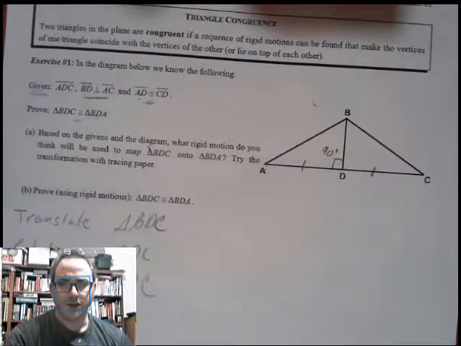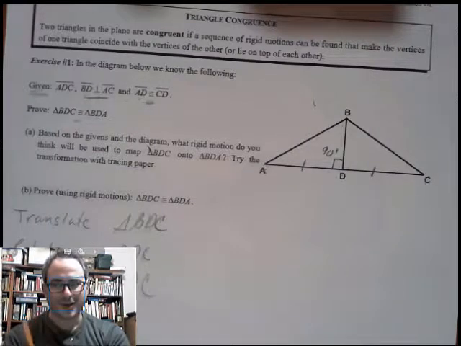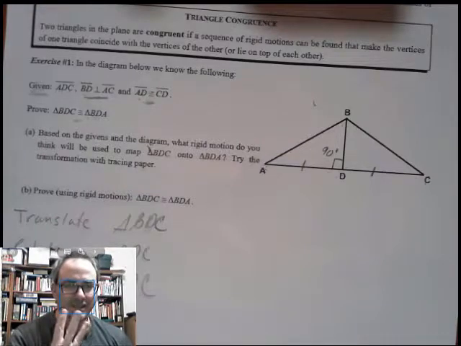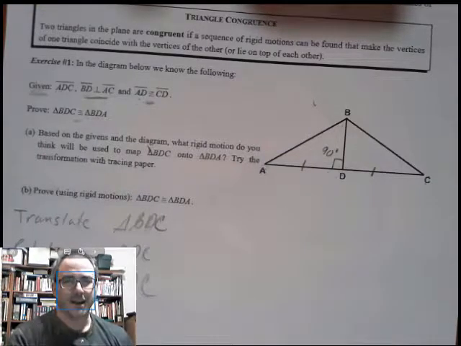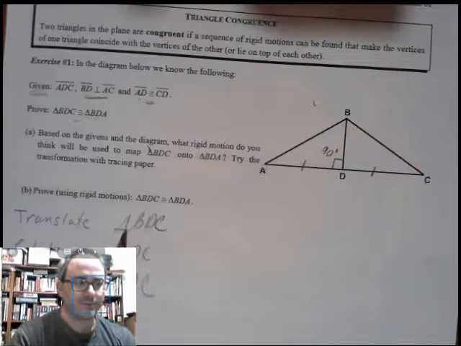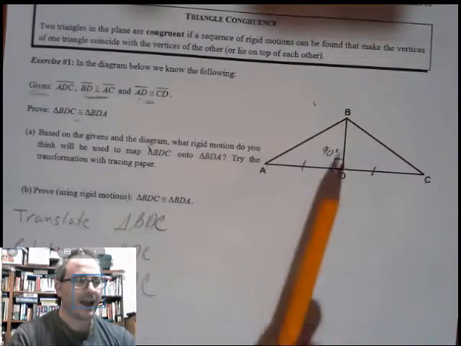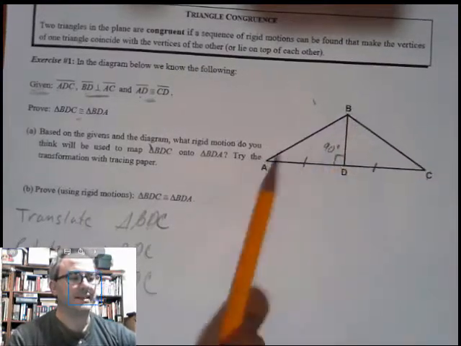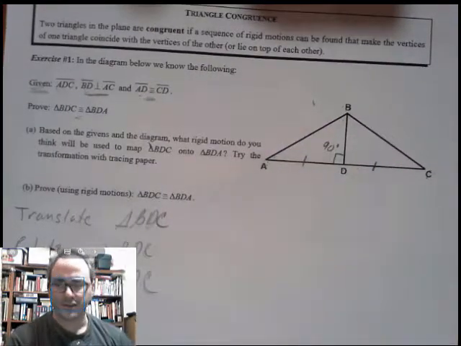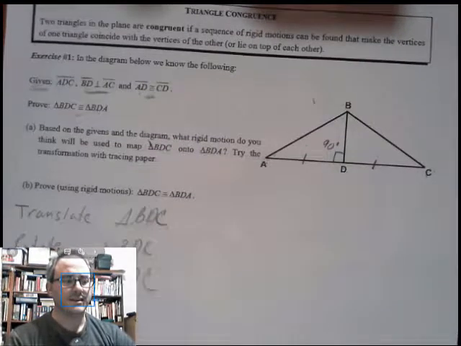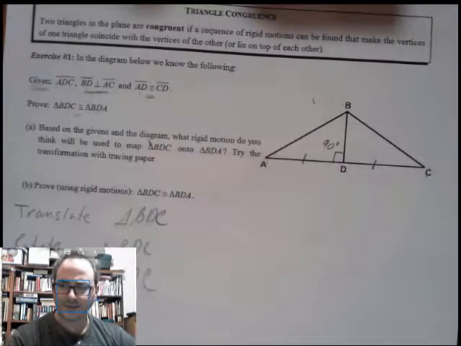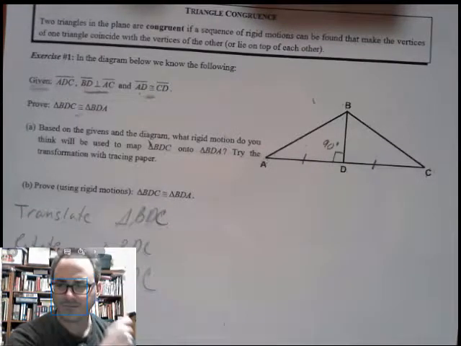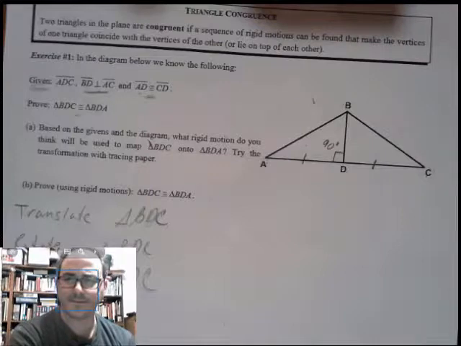So what you're going to do is choose which of the three rigid motions will give us mapping triangle BDC onto BDA. So this triangle on that triangle, show me either translating the triangle, rotating the triangle, or reflecting the triangle. You tell me how that's going to work. Pause the video. See what ideas you can come up with.